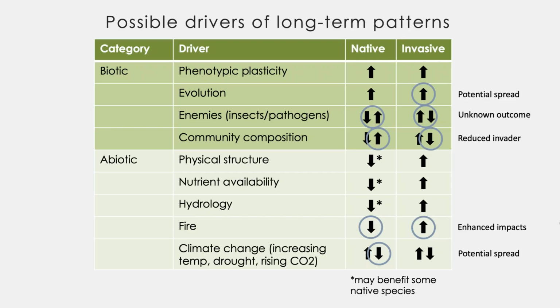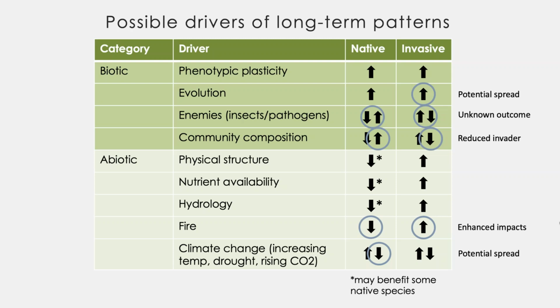Okay, so then to bring us back to this hypotheses table, in terms of biotic and abiotic drivers, we see variable effects or responses in terms of the hypotheses we put forth at the beginning. I'm not going to go through each one of these individually, but what I want to point out is that here we have essentially a collection of case studies that informs each of these hypotheses to some degree.